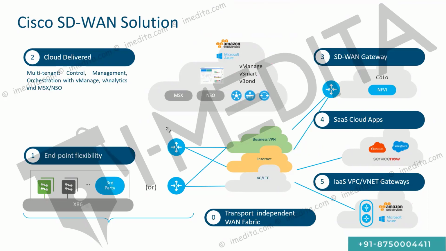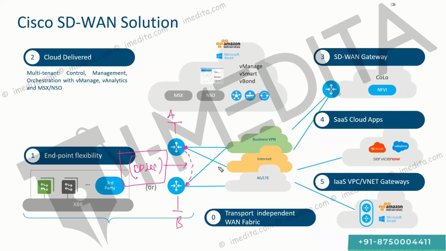And remember, the traffic will pass from one branch to the other branch securely. As soon as one device comes to know about the other device, they automatically form an IPsec tunnel between them. Automatically. And my traffic from one device to other device will be shared using that particular secured IPsec tunnel without any problem.